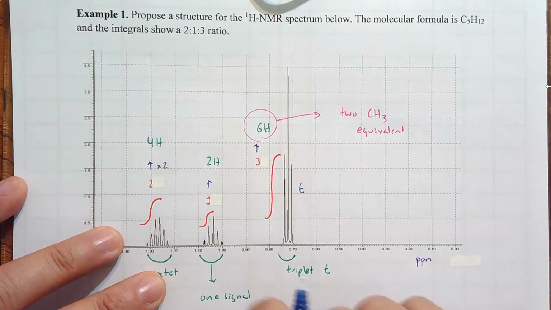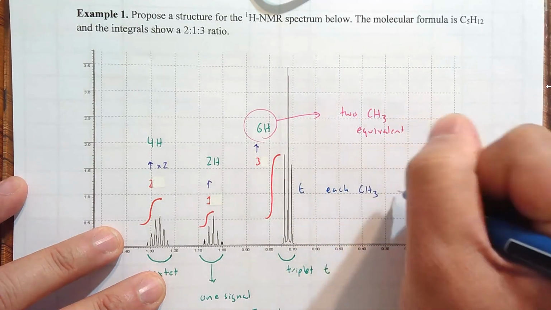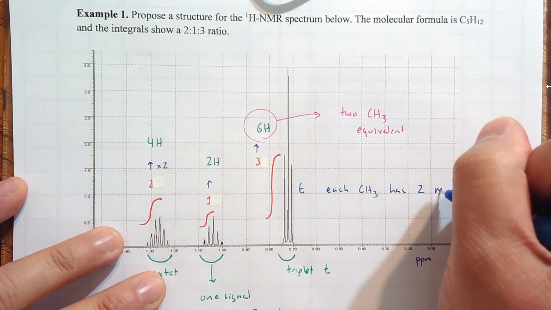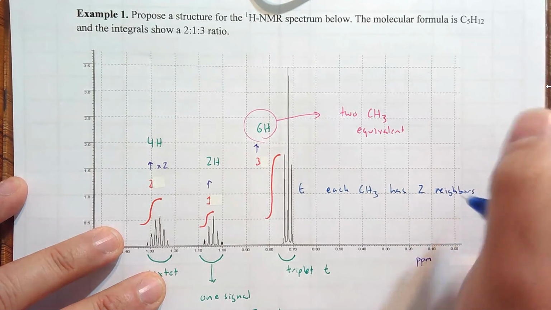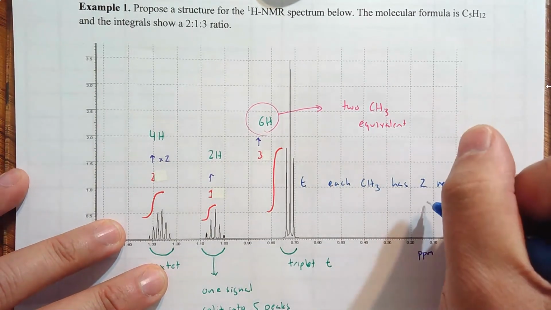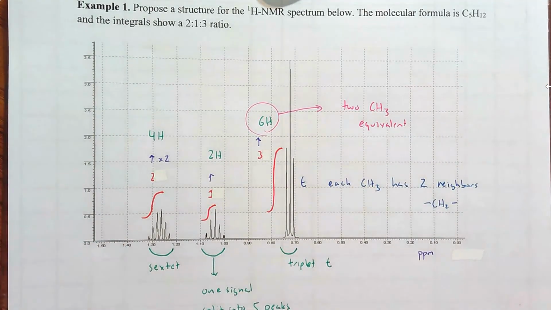So how many neighbors do you think it has? Each CH3 group has 2 neighbors. It's not a guarantee, but many times if you have 2 neighbors, that means you are next to a CH2 group.